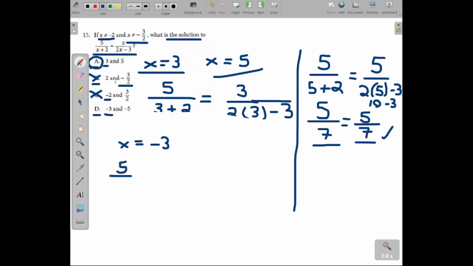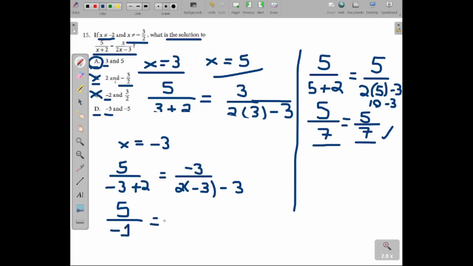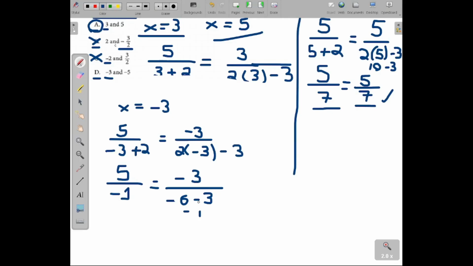We copy the equation. 5 divided by x, where x is negative 3, plus 2, equal to x, where x is negative 3, divided by 2 times x, where x is negative 3, minus 3. 5 divided by negative 3 plus 2, which is negative 1, equal to negative 3 divided by 2 times negative 3, which is negative 6, minus 3. Negative 6 minus 3 is negative 9.